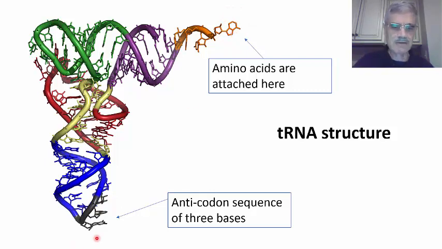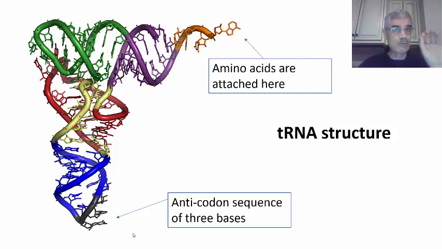The other important end of the molecule is what is called the anticodon loop. This anticodon loop has three nucleotides that turn out to be complementary to the codon, the sequence of three nucleotides on the messenger RNA. Remember, we said that the genetic information is in terms of a three nucleotide sequence called codons, which we'll talk a little bit more about in a second. And that the three codons code for one of the 20 amino acids.